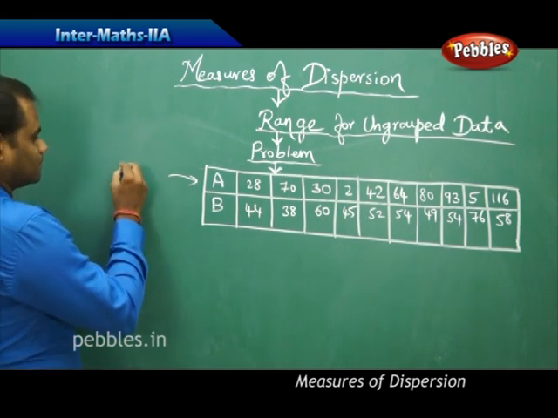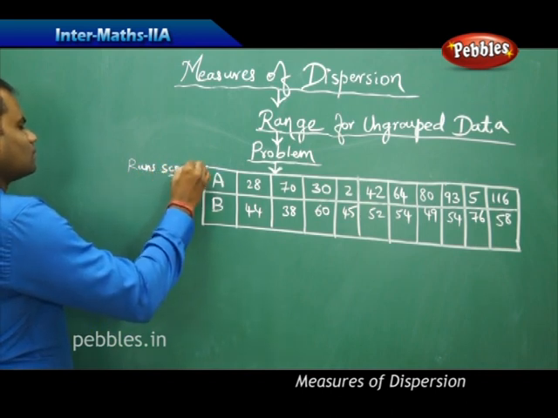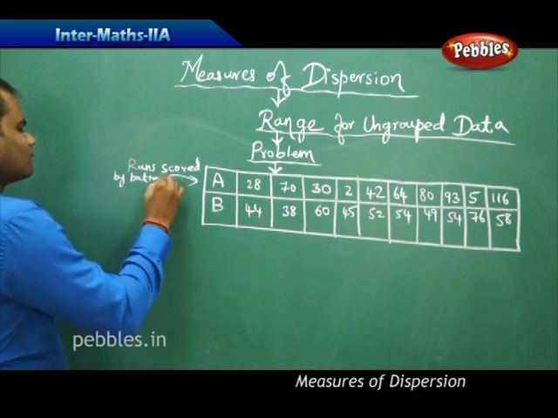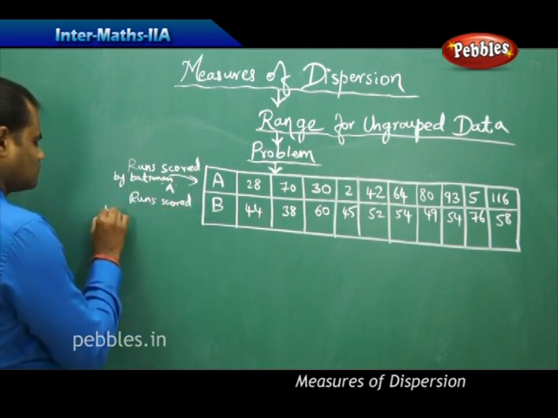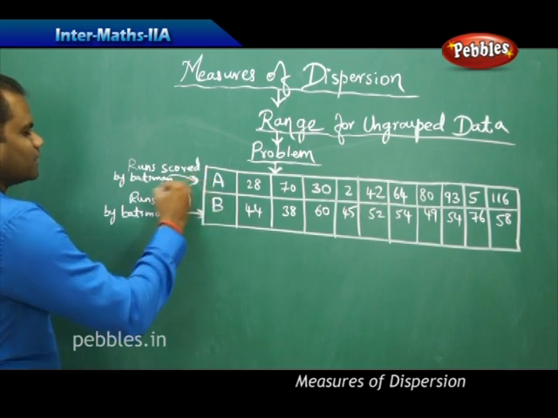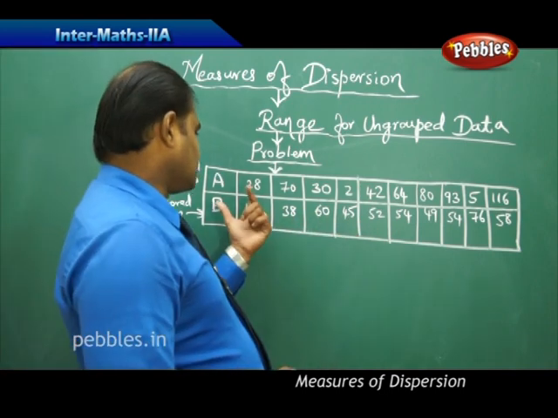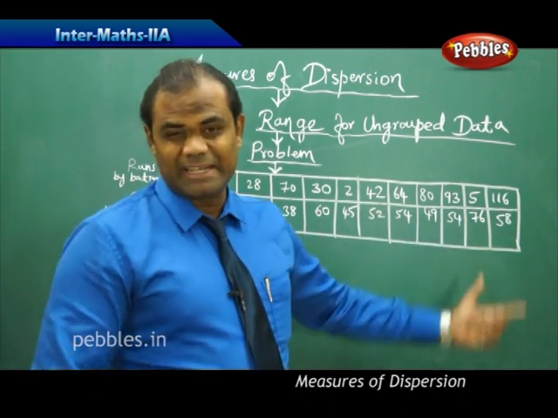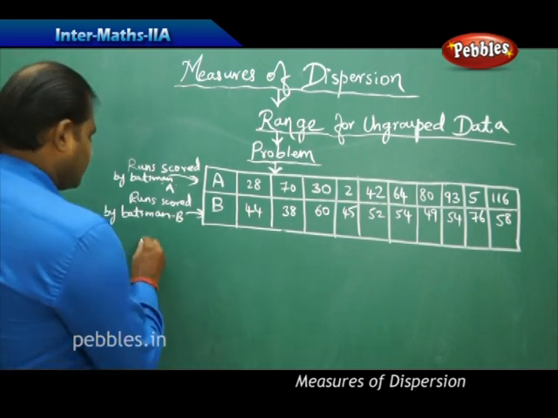Now here, this is the runs scored by batsman A, and this is the runs scored by batsman B, which are given separately in the first and second row respectively. Now for these 10 matches, these are the runs scored by batsman A in each of the matches, and these are the runs scored by batsman B in each of the matches. So with this, I would like to find initially the range of A.